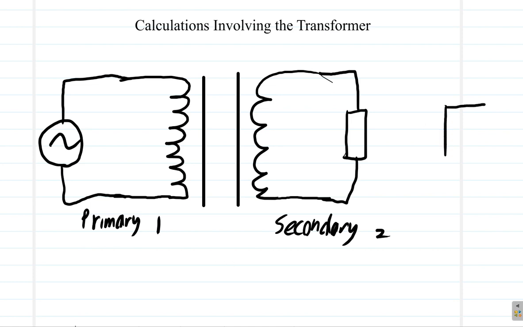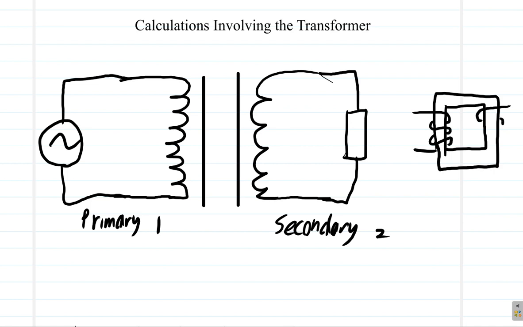And by the way, let me just do this. Generally, you would know already. Sometimes you have this symbol for a transformer as well, where you have two legs of the transformer iron core. Alright? And the core itself would concentrate the magnetic flux.